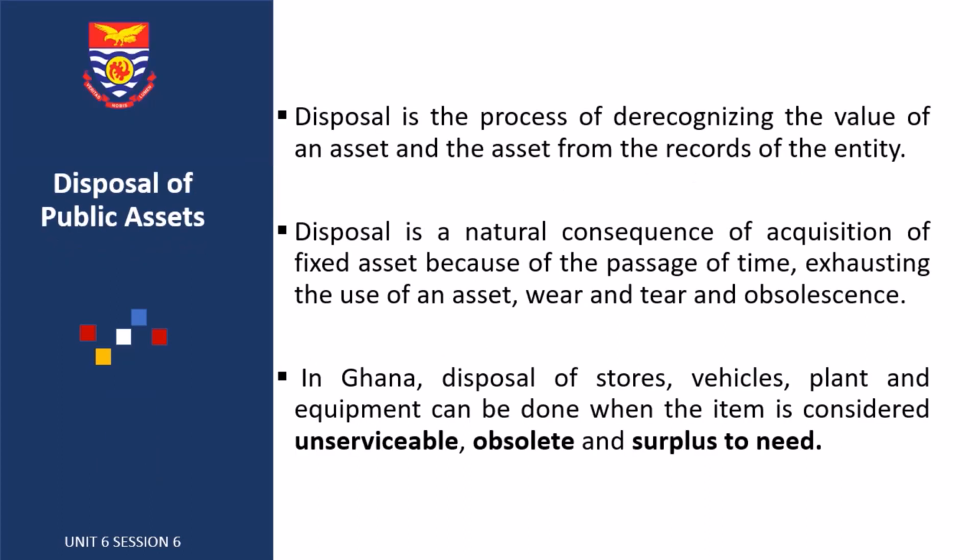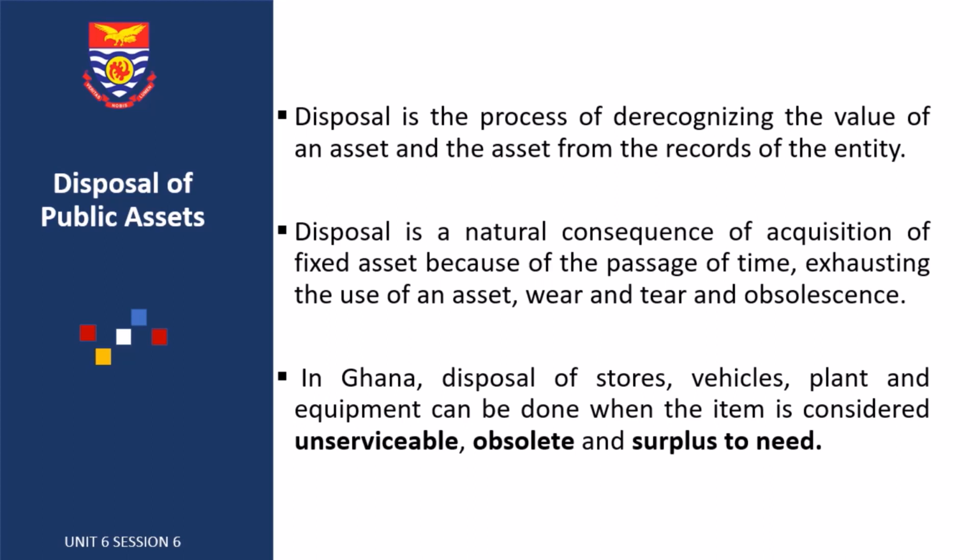So disposal of public assets is basically the methods public sector entities use to remove these assets from their records, or how they lay off some of these assets which they do not use again. So that's basically disposal: to sell off the asset or to give it to other parties who may be in need of it.